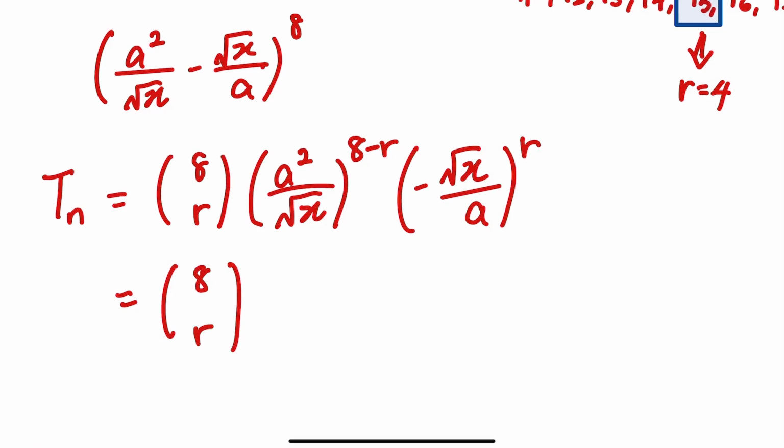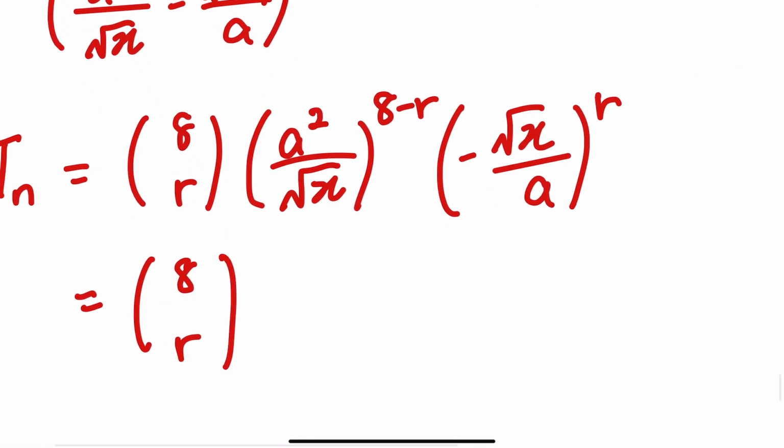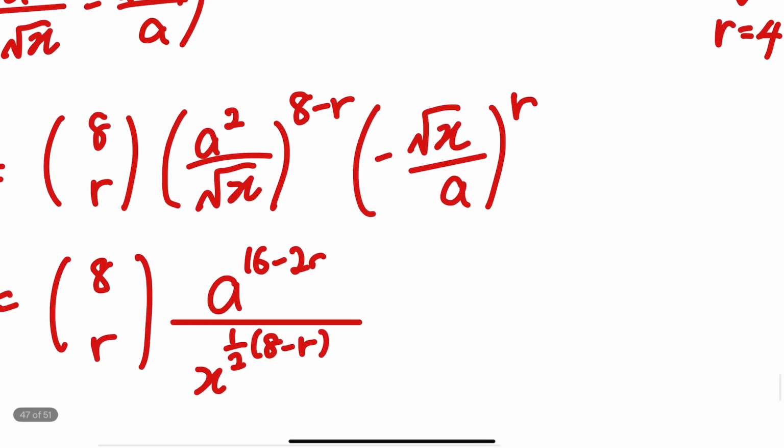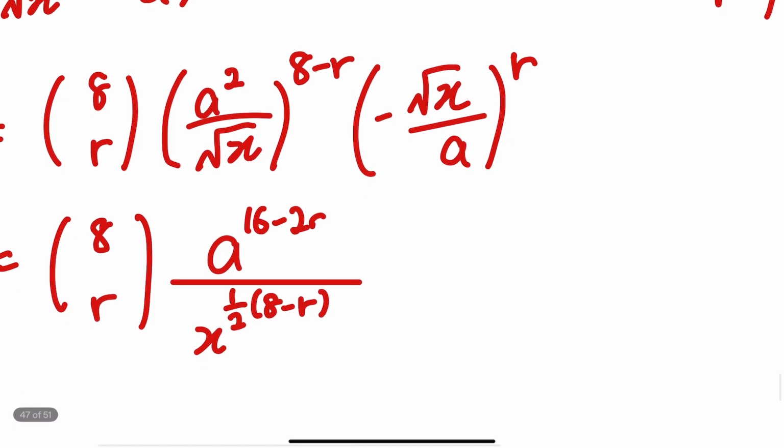I can simplify this to become 8 choose r. I can bring in this power to my numerator and denominator. This will be a to the power 16 minus 2r over x to the power half times 8 minus r, since square root x can be written as x to the power half. And I can split this apart to make it easier.